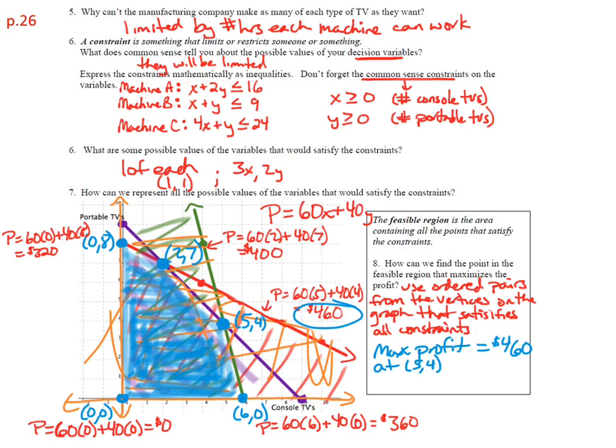Well, it means that we want 5 of the console TVs and then 4 of the portable TVs. So making 5 console TVs, 4 portable TVs gives us a maximum profit of $460. All right.